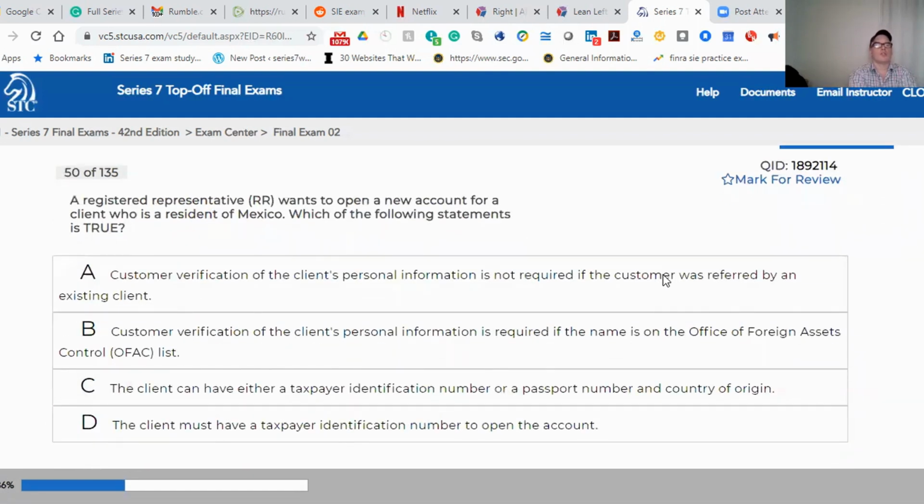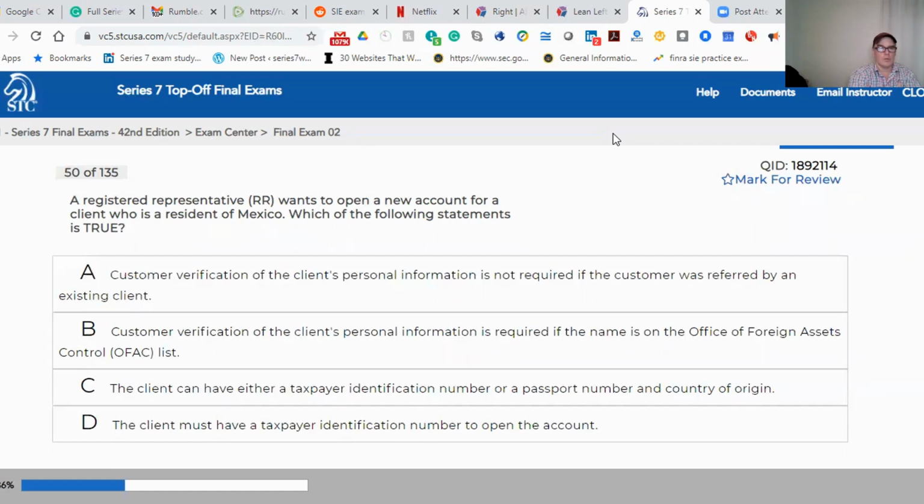A registered rep wants to open a new account for a client who is a resident of Mexico. Which of the following statements is true? Customer verification of the client's personal information is not required if the customer is referred by an existing client. Okay. I might get this one wrong. Customer verification of a client's personal information is required only if the name is on the OFAC list. Client can have either a taxpayer identification number or a passport number.